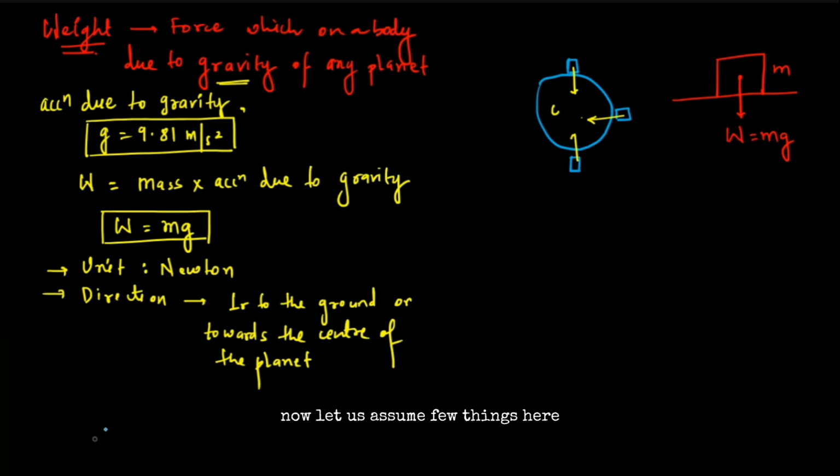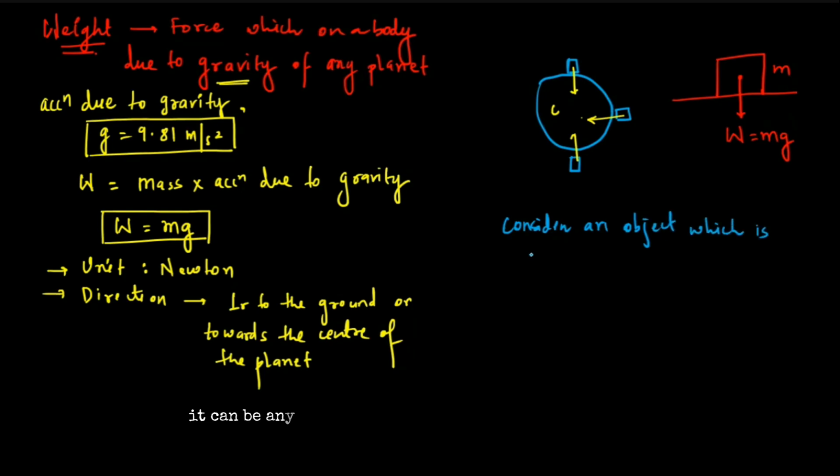Now let us assume a few things here. Just consider an object which is dropped from a certain height. It can be any height, let's say from the top of a building, or from the top of a tower.